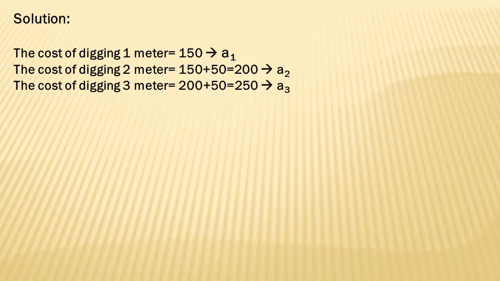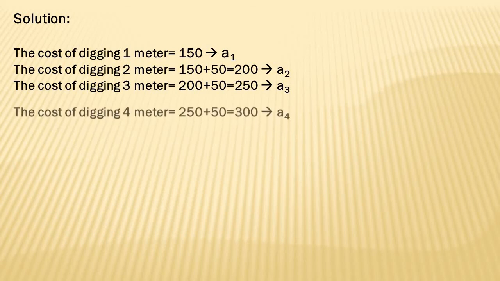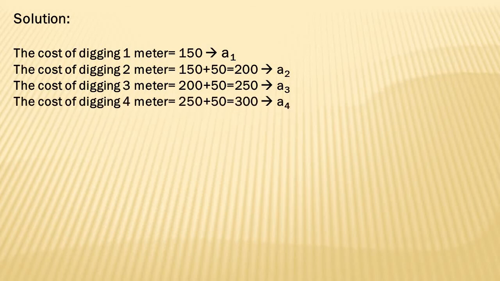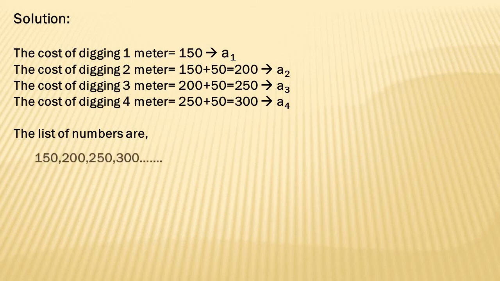Next is the third term. If you dig the well for 3 meters, you have to add another 50 rupees, which is 200 plus 50, giving you 250. Next, the fourth term will be 250 plus 50, which is 300. Now we got the list of numbers: 150, 200, 250 and 300.